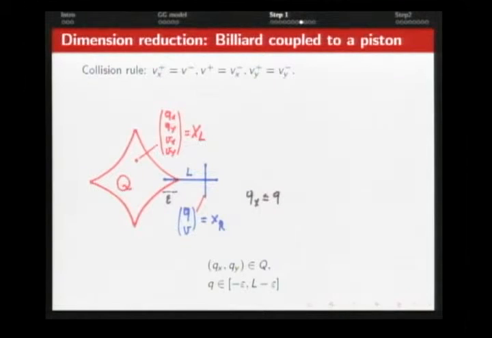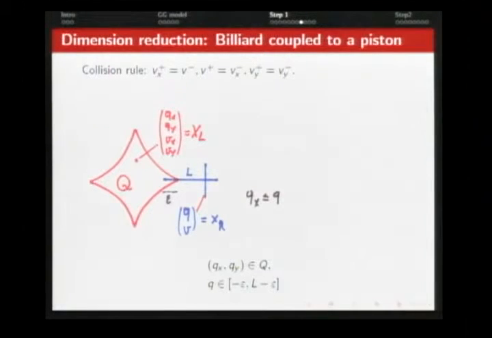So when the particle hits the stick, they hit each other, and this is the mechanical rule of momentum and energy conservation.